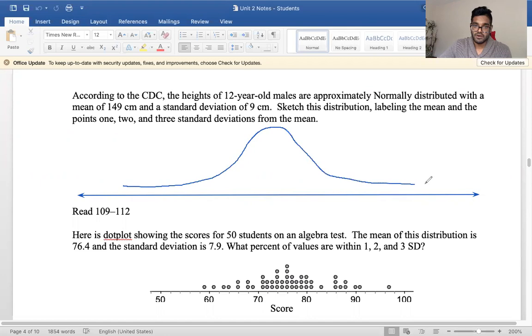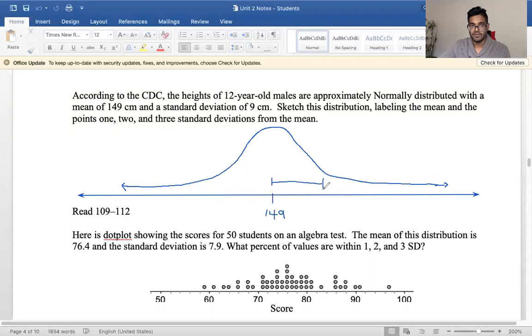Drawing bell curves is really hard. Try your best. Okay, these things go on forever and ever. And so the mean goes in the middle. So the mean was 149. Okay. And now our first inflection point, this is going to be where the next standard deviation goes. So we're going to go from here over this way.